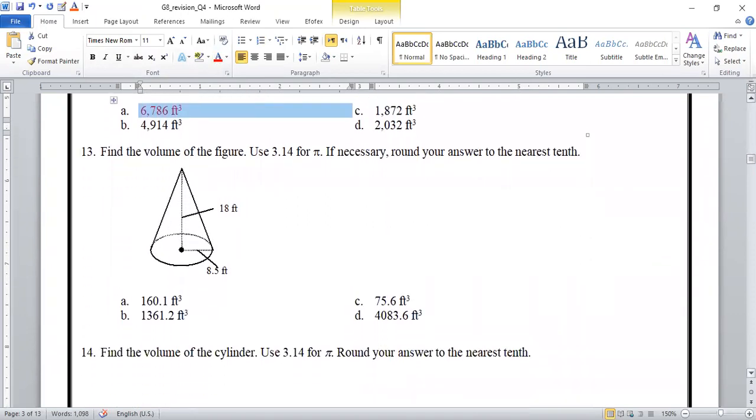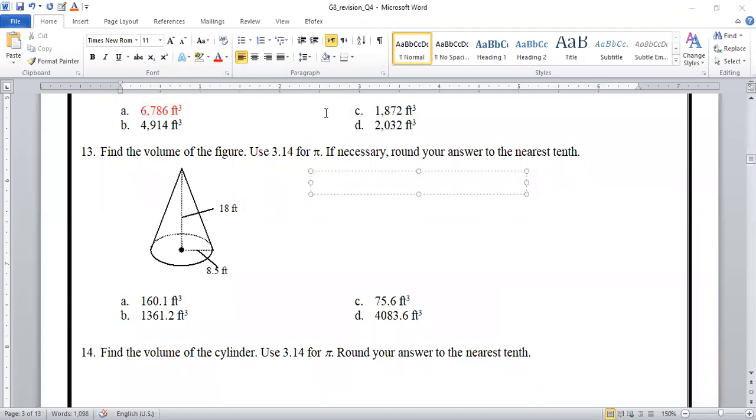Number 13, find the volume of the figure. Use 3.14 for pi if necessary, and round your answer to the nearest tens. Okay. The volume of the cone equals one third times base times height.